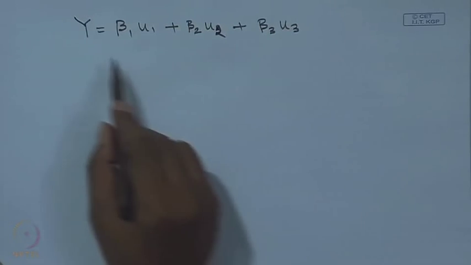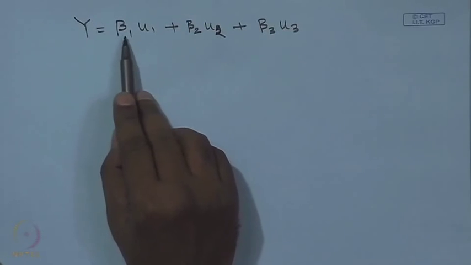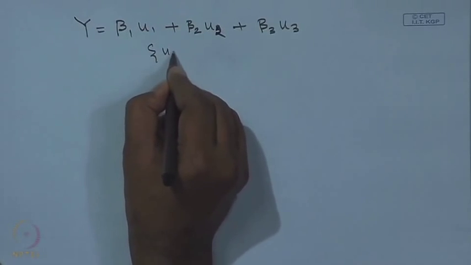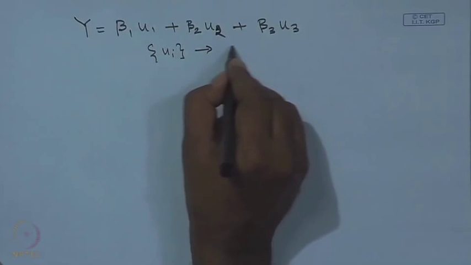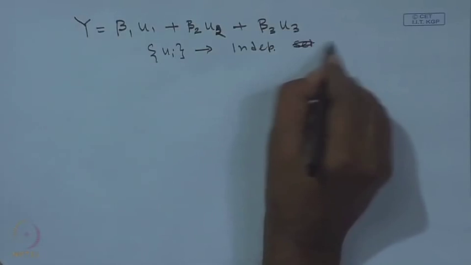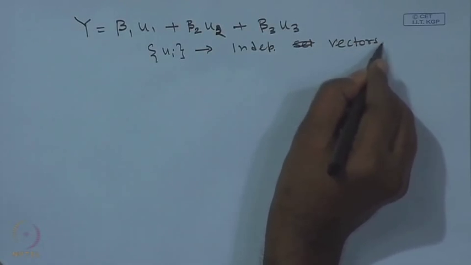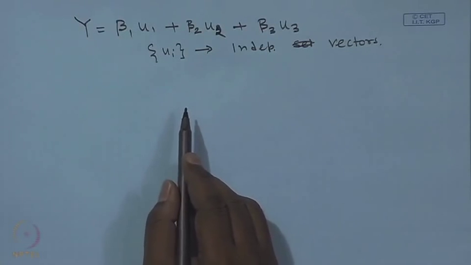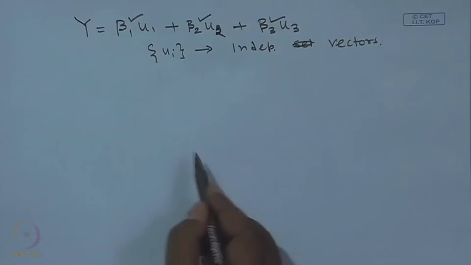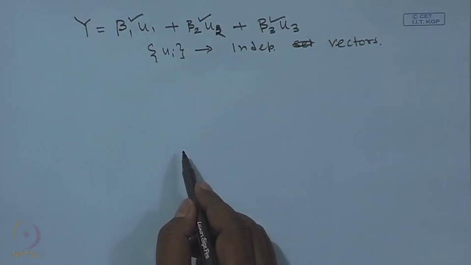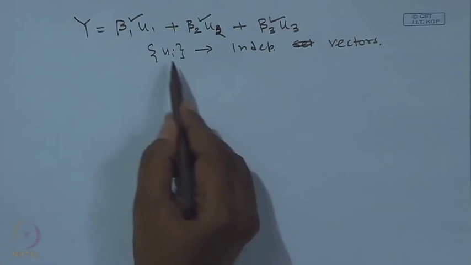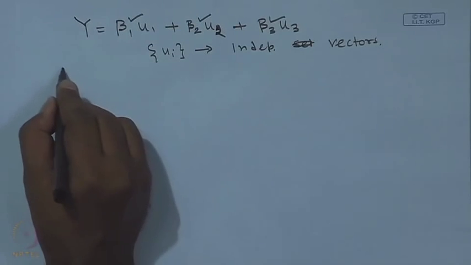Therefore, any fourth vector can be expressed as a linear combination of the basis set vectors, where u1 to u3 constitute the independent vectors. And we have seen earlier in this class how to determine the coefficients beta 1, beta 2, beta 3 if and only if these basis set vectors are mutually orthogonal to each other.